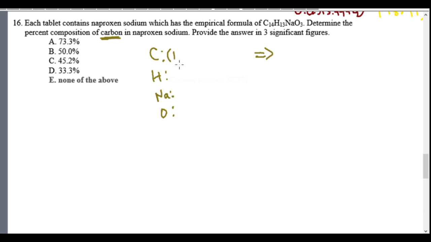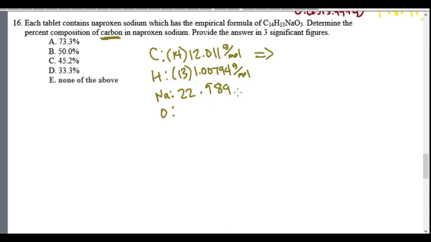So we have 14 times 12.011 grams per mole. And then for hydrogen, that's 13 times 1.00794 grams per mole. And then for sodium, that is one I don't memorize. That is 22.98977 grams per mole.